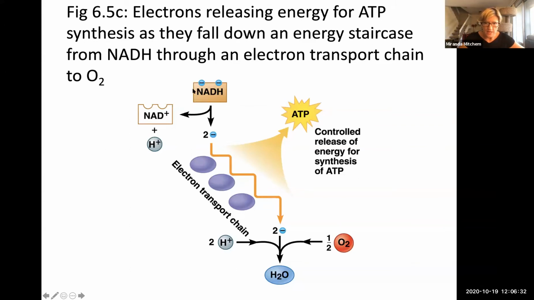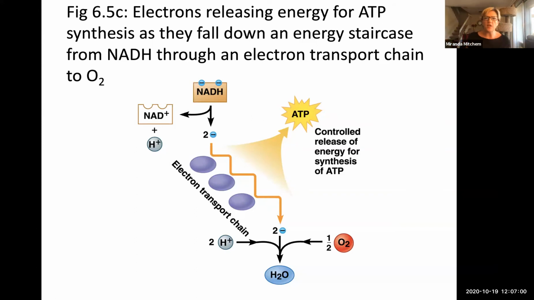NAD+ picks up the electrons and is reduced to NADH, where these electrons and hydrogens eventually combine with 1/2 molecular oxygen to make water, which is the product of cellular respiration. And energy is released along the way in a very controlled way.